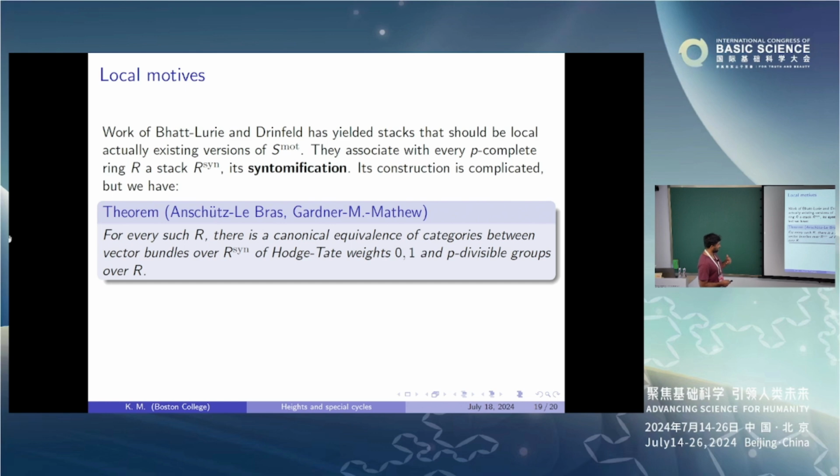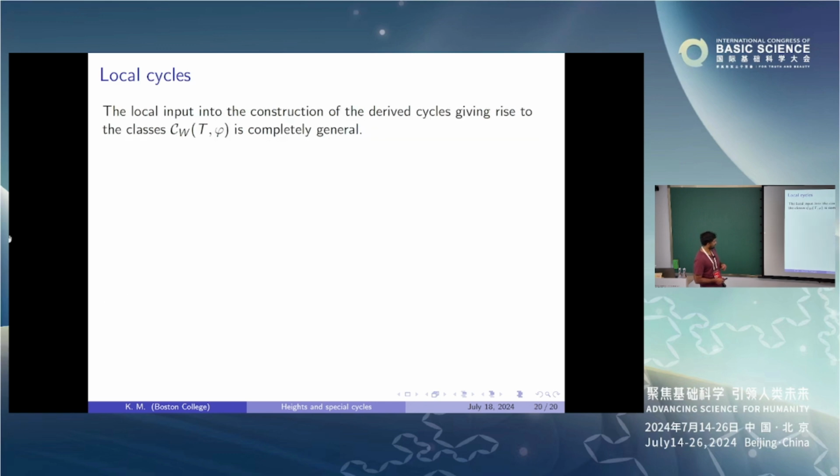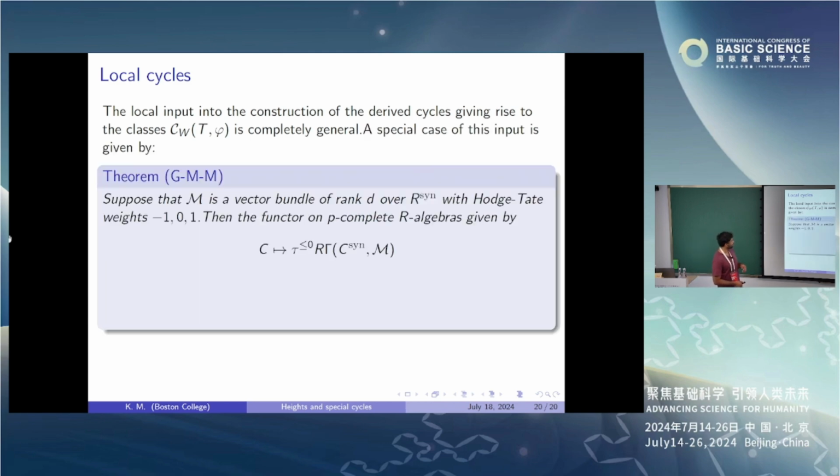So the philosophy of motives being bundles on some stack is being realized here. This is a precise analog of the equivalence you have for complex manifolds between families of complex tori and this. Maybe I'll just finish this up.